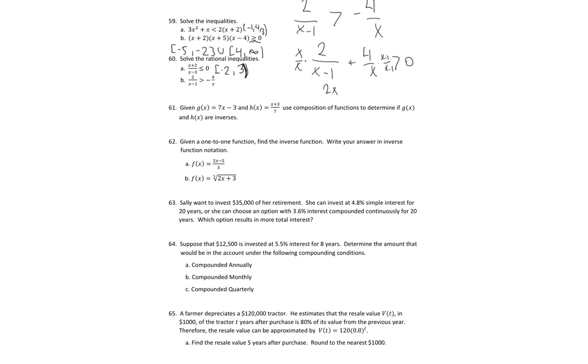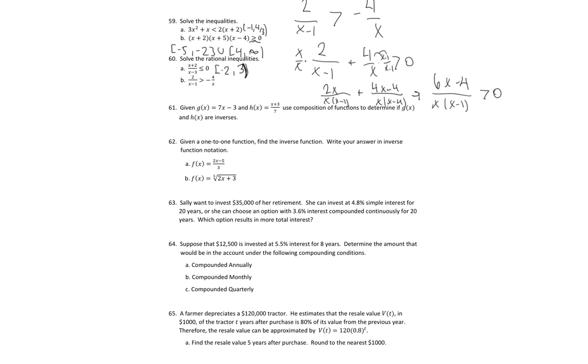So I'll have 2x over x times x minus 1, plus 4x minus 4, just distributing that, over x times x minus 1. I'll get 6x minus 4 over x times x minus 1, strictly greater than 0.